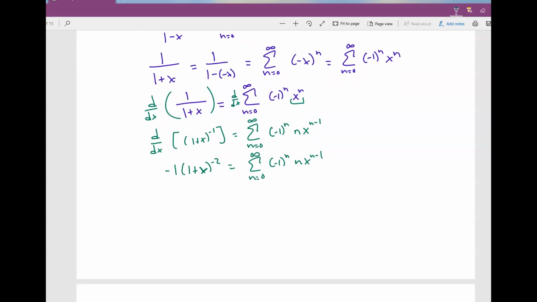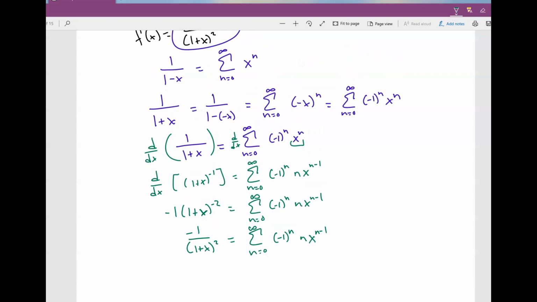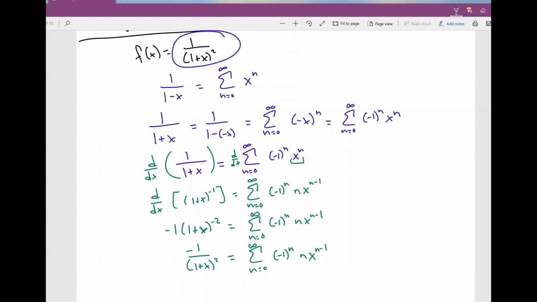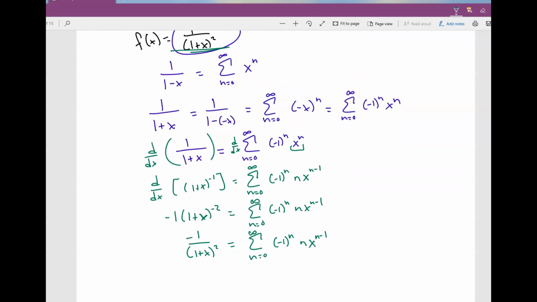Notice that I can just rewrite this as negative 1 over 1 plus x total quantity squared is equal to the sum from n goes from 0 to infinity of negative 1 to the n, n, x to the n minus 1. Notice that now I kind of have everything, because this thing is basically what I wanted to figure out. Let me get rid of that negative though.